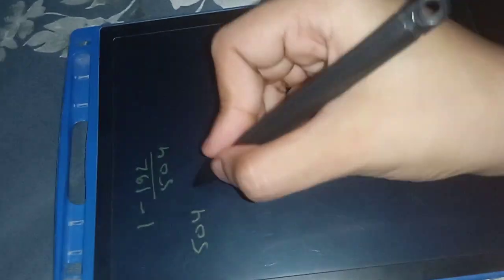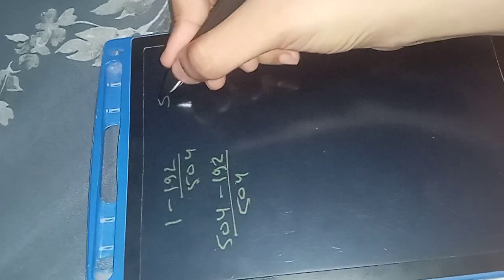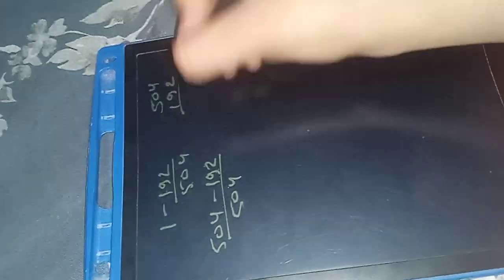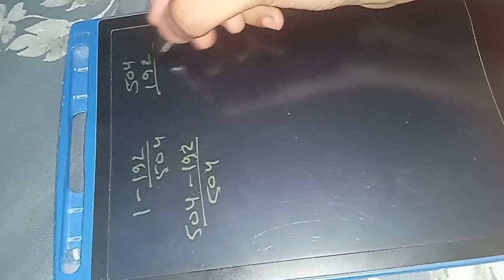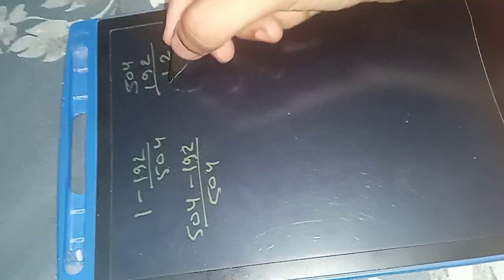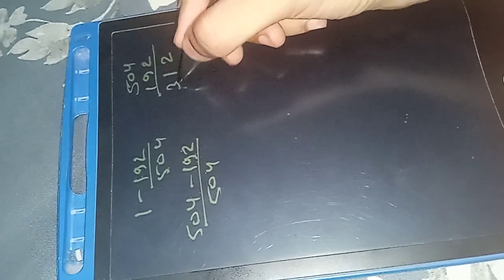So 1 minus 192 upon 504, which is 504 minus 192 upon 504. Subtracting 192 from 504, we get 312.